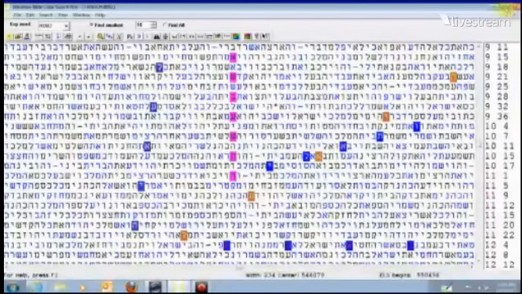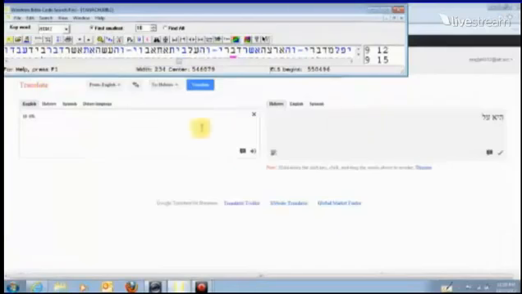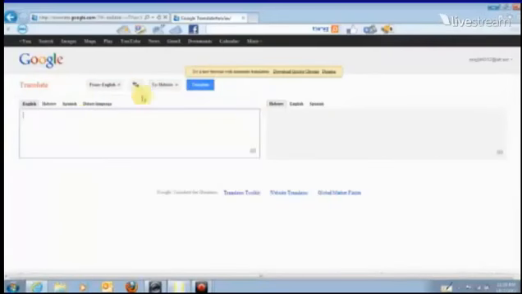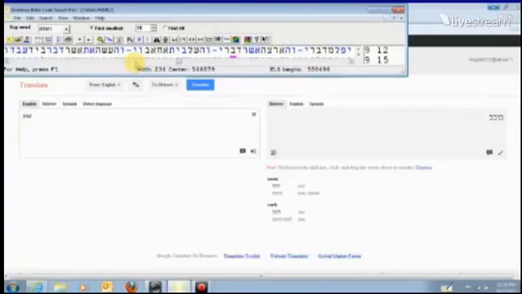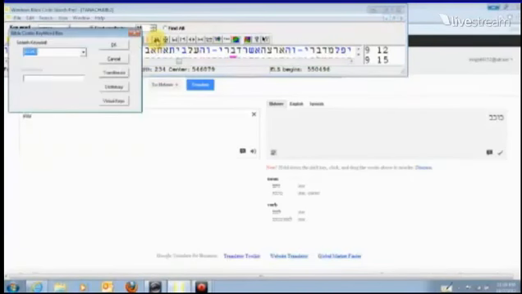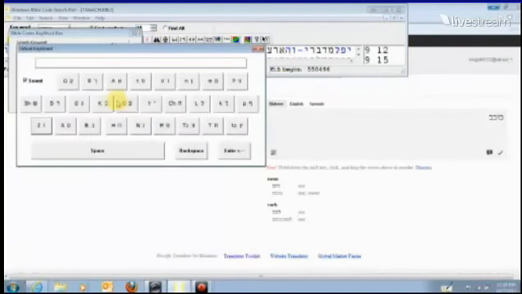Let's go over there and look up star. Seems like an obvious word to look up. And here it is. Alright.